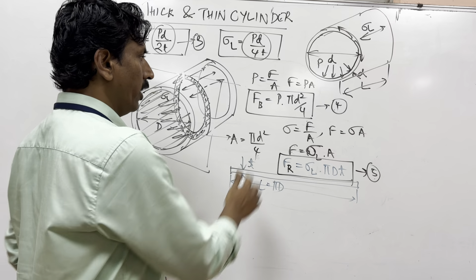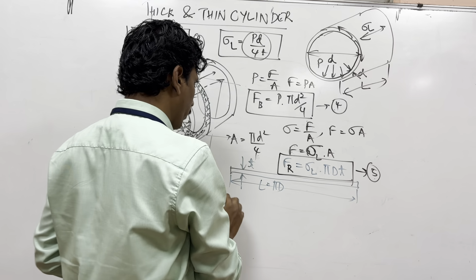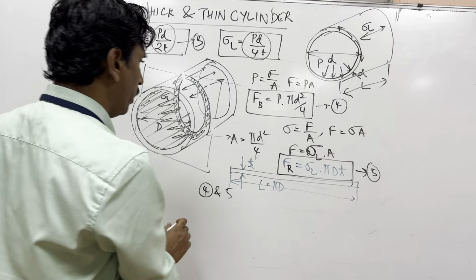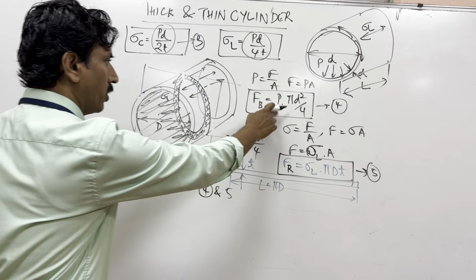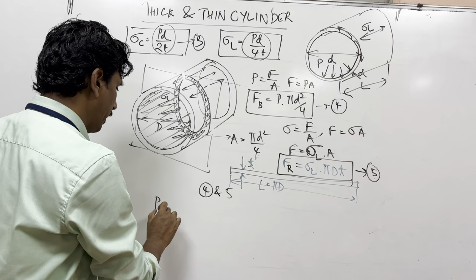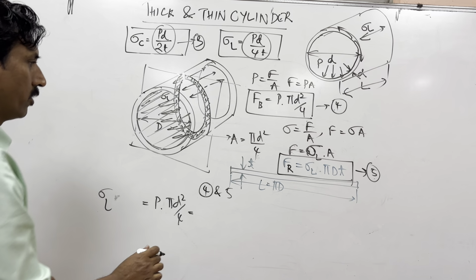Equating 4 and 5, the bursting force P into pi d square by 4 is equal to sigma L into pi d t. Sigma L can be written on the left hand side, which makes the equation easier to handle.